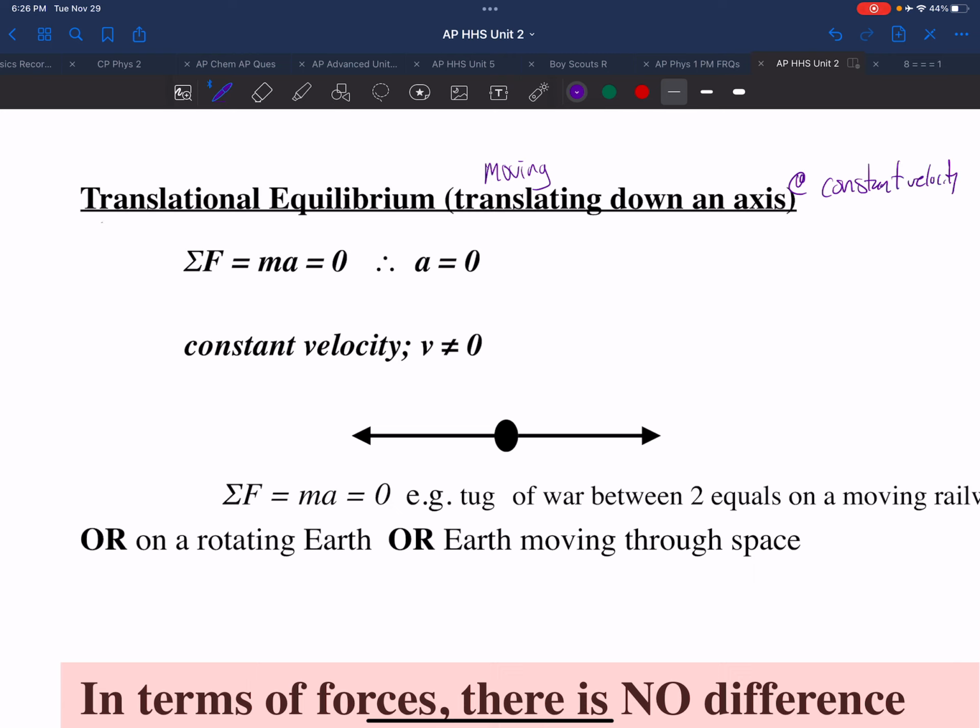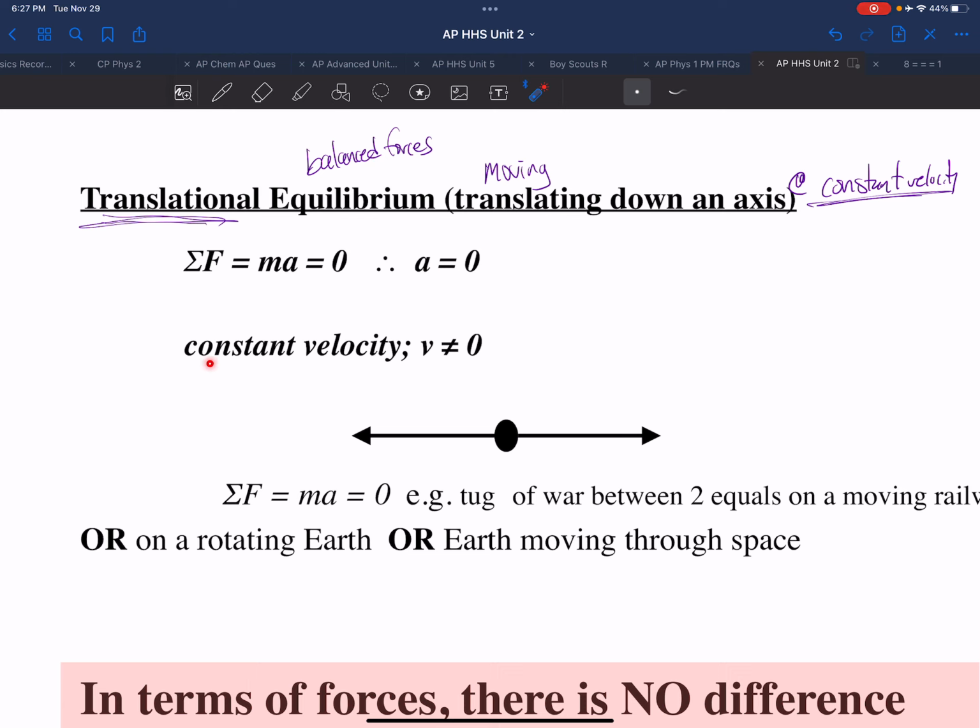So translation means moving down an axis. Equilibrium means balanced forces. And that then means that the velocity is constant. So we have the sum of the forces equals ma equals 0. Therefore, the acceleration is 0.